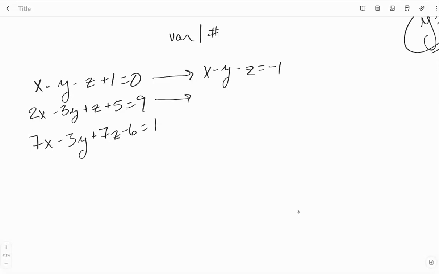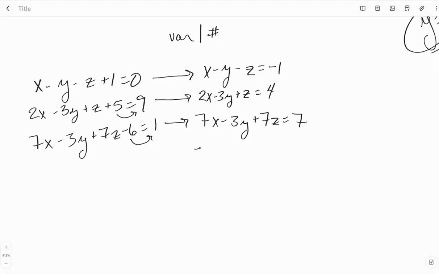I've got variables on the left, numbers on the right. Same thing here. I'm going to have to move this guy over. So 2x minus 3y plus z is equal to 9 minus 5, which is 4. And I'm going to have to move the 6 over. So 7x minus 3y plus 7z is equal to 7.